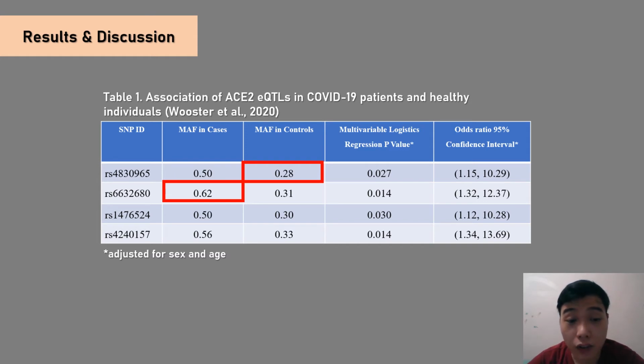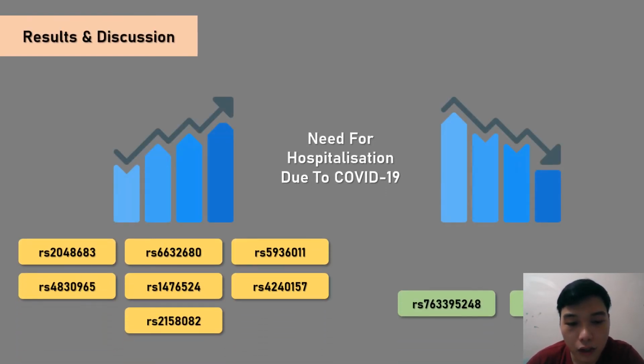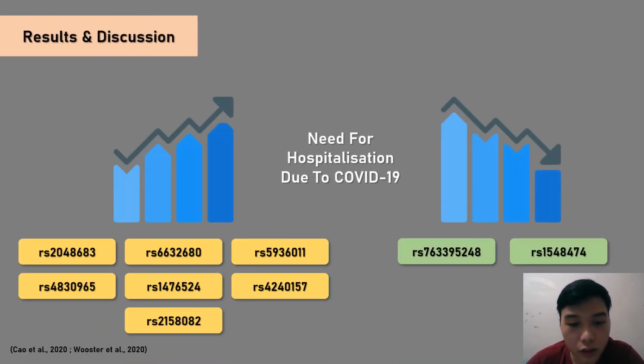The highest MAF in COVID-19 patients is 0.62 and the lowest MAF in healthy individuals is 0.28. As we can see from here, there are 7 SNPs that were associated with increased tissue expression of ACE2, resulting in an increased need for hospitalization due to COVID-19. In contrast, there are 2 SNPs that were associated with a reduced need for hospitalization due to COVID-19.